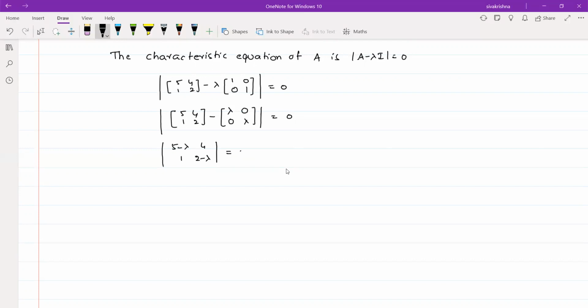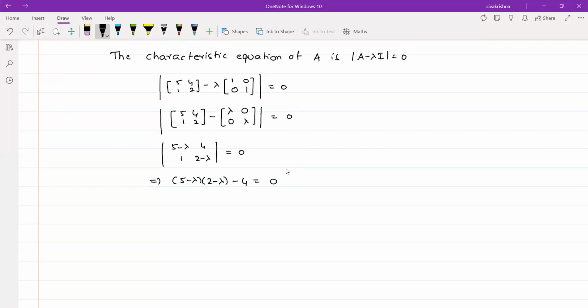This is equal to 0. This is a 2 by 2 determinant, and a 2 by 2 determinant can be expanded in the form AD minus BC. So AD means (5 minus lambda) into (2 minus lambda), minus BC means minus 1 into 4, which is 4. This is equal to 0.